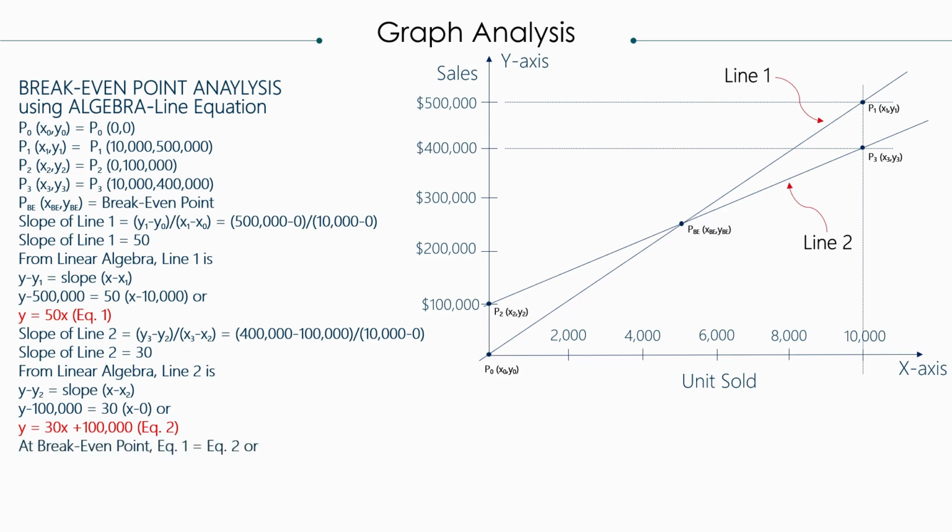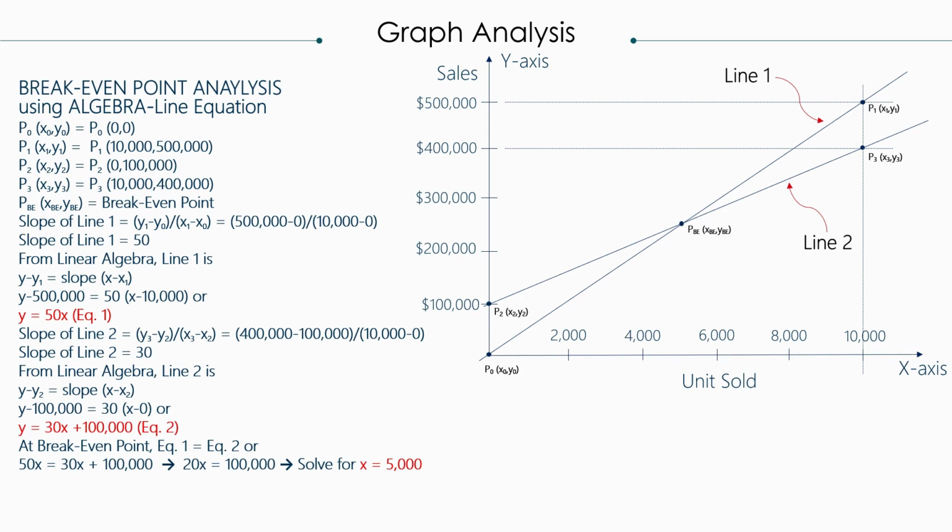But since at the break-even point these 2 lines intersect, the values of x and y at this point are equal. So we equate equation 1 to equation 2: 50x equals 30x plus 100,000. To simplify, we transfer 30x to the left side, so the remaining is 20x equals 100,000.